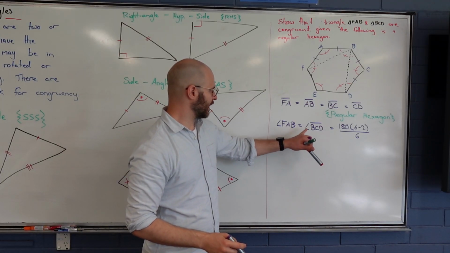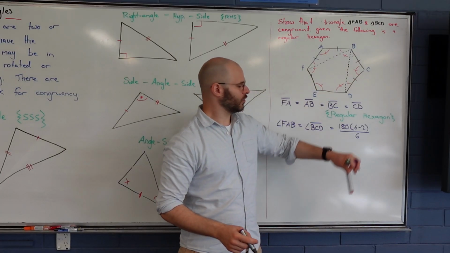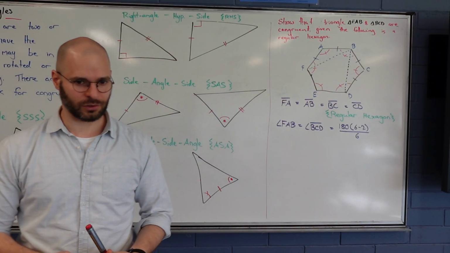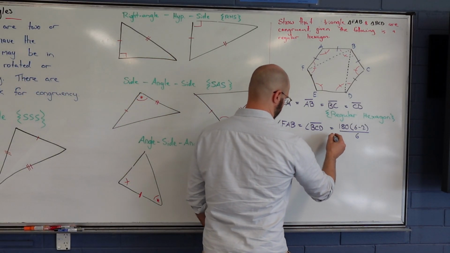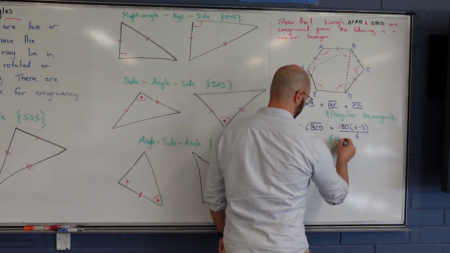But if we know that this angle and this angle are the same here, do we have enough information to conclude we're congruent? Yep, we sure do. So this is still regular hexagon.